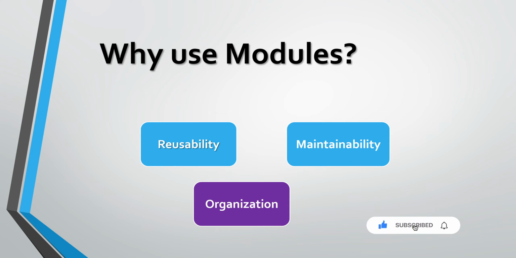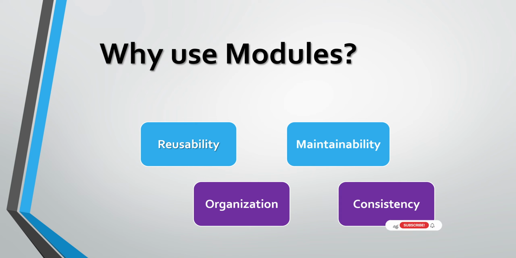If there is a problem in the VPC, you can change only the VPC module without disturbing your EC2 modules. And consistency: once you define a module, it will be accurate and consistent. It will always perform the same task without any error, unless there is some environment problem. Otherwise, modules work fine with consistency.